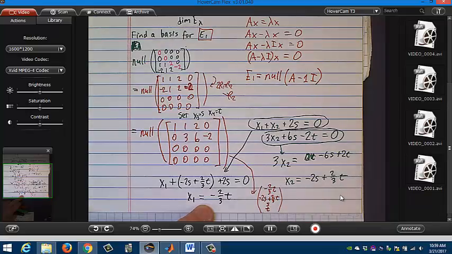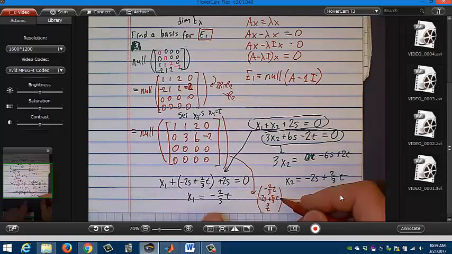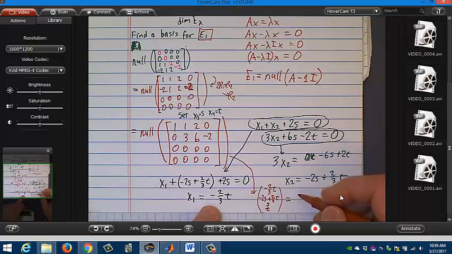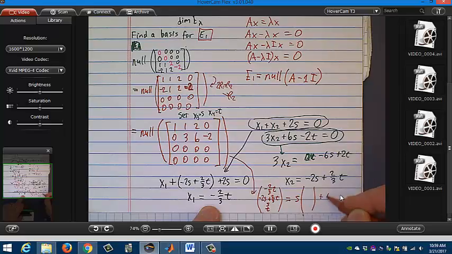Those were the two free variables that we started with. Are you with me? We can also express this in the following way: s times a vector plus t times a vector. Some books use brackets, some books use parentheses. Doesn't really matter.